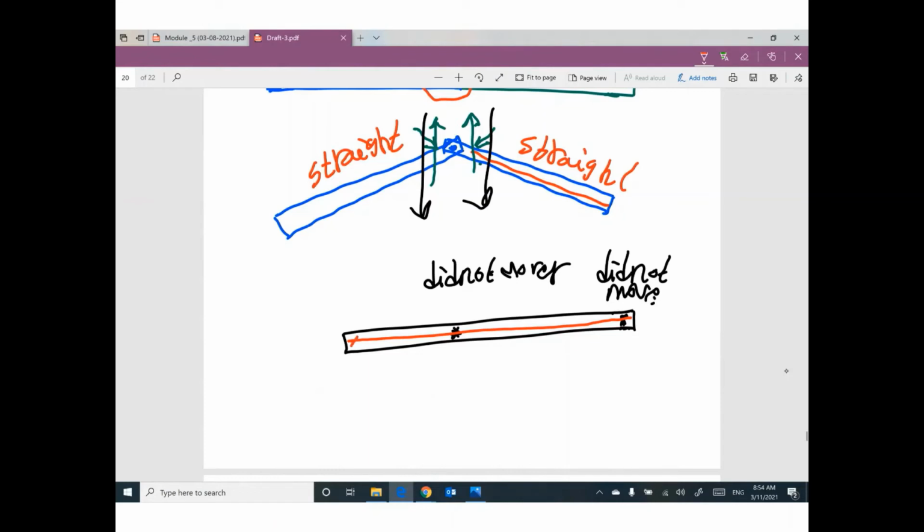If this point did not move, the connected part at this point will not move. But we moved this side up by 1, so the new shape looks like this.